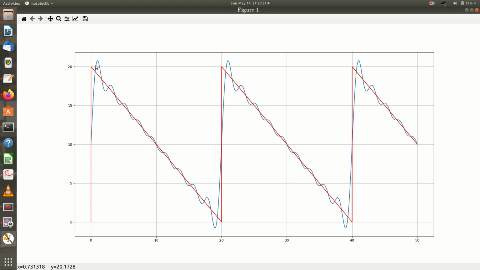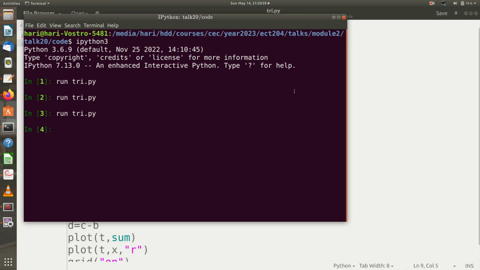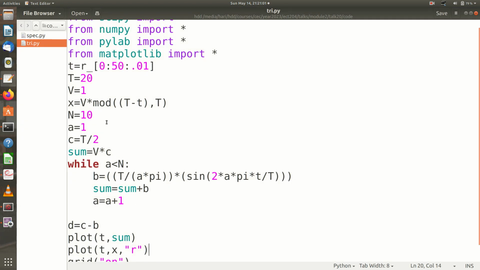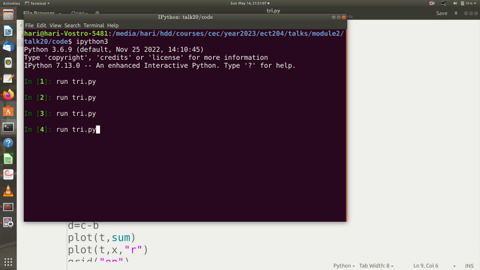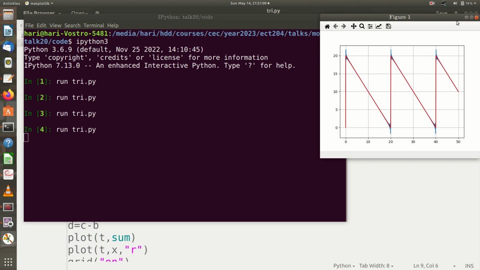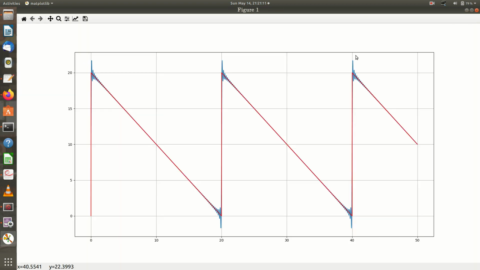The blue signal is your Fourier series approximation, and red is your actual signal. Now we take 100 terms. You can see that it is getting very close, but here you can observe the Gibbs phenomenon.